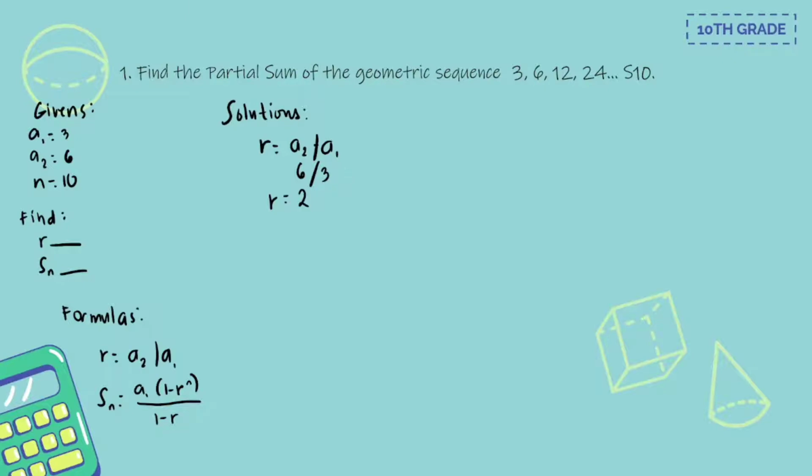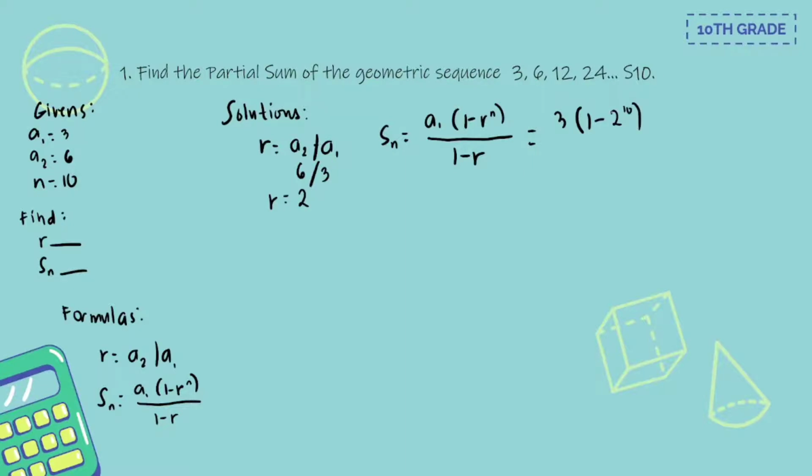And then for the S sub n, so S sub n equals a sub 1 times 1 minus r^n over 1 minus r. So just substitute. Our a sub 1 is 3, parentheses 1 minus our r here which is 2, to the 10.